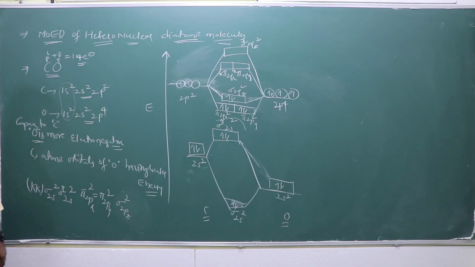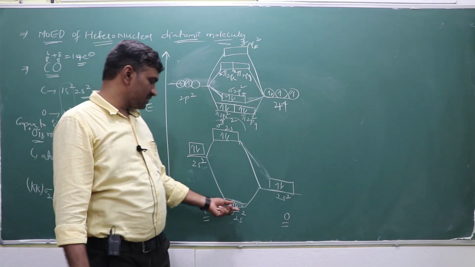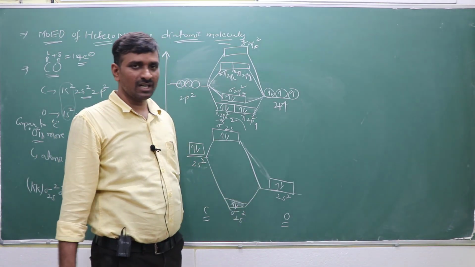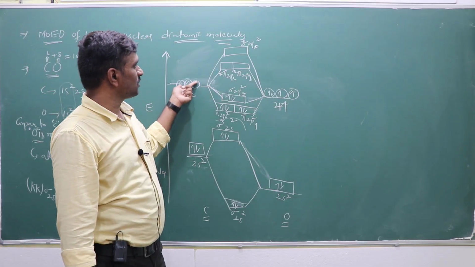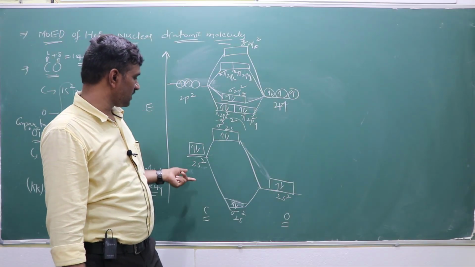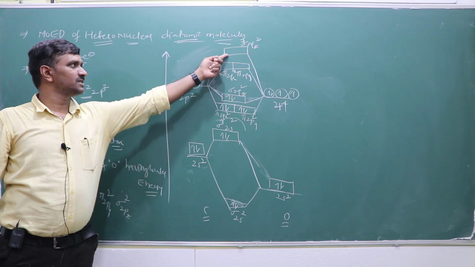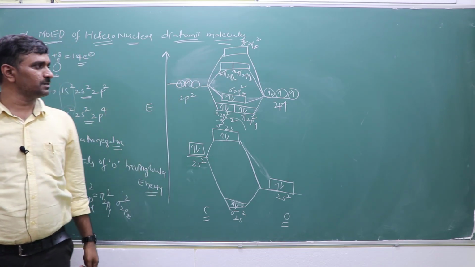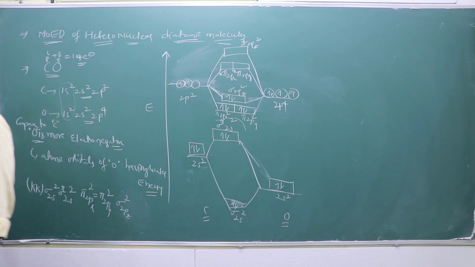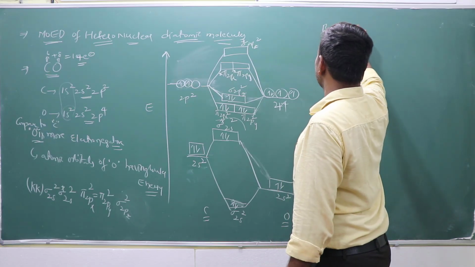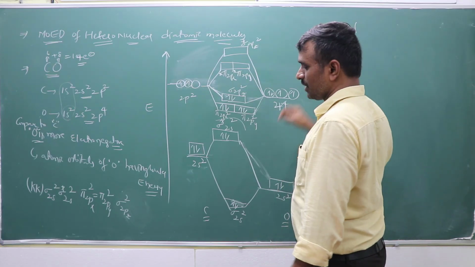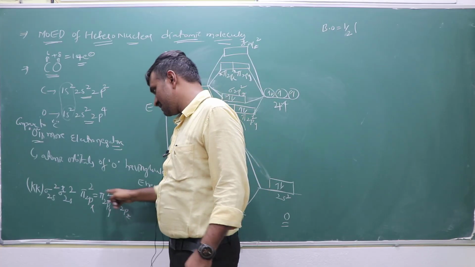Right. So now here in this case, what we can say is that the bonding molecular orbitals are closer to the atomic orbitals of the oxygen atom, and the anti-bonding molecular orbitals are closer to the atomic orbitals of the carbon atom. Right. In the CO molecule, now what is the bond order? Half into bonding, which is 6 and 2, 8.